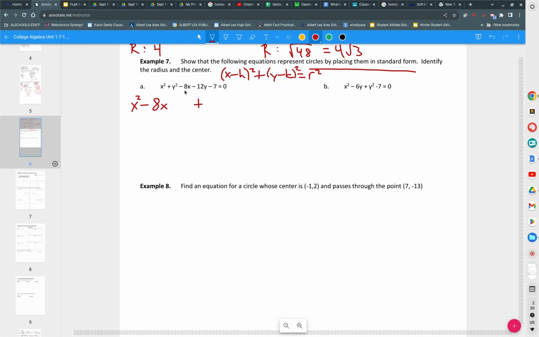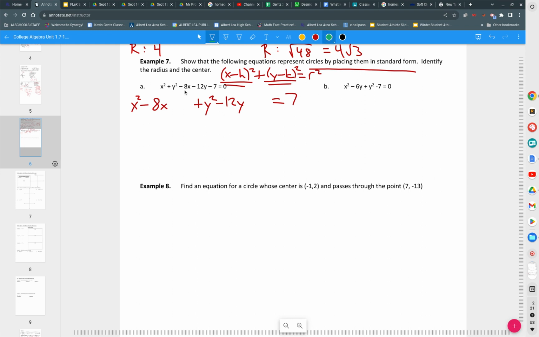I separate the x's and I separate the y's. I put the 7 over there. And what's happening in this situation is that the standard form has what we call a completed square. We need to be able to complete the square in these situations.